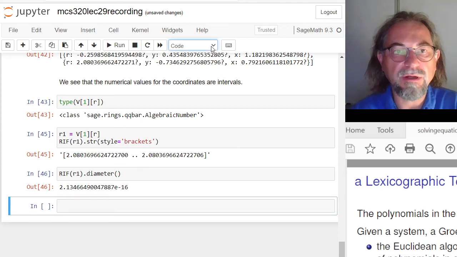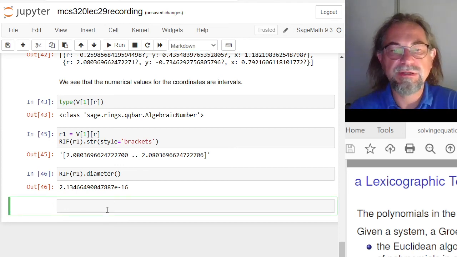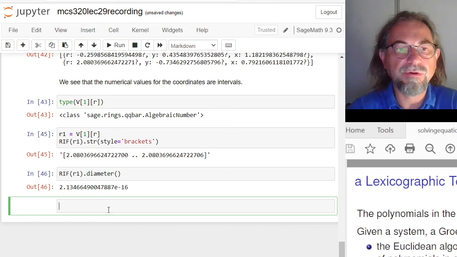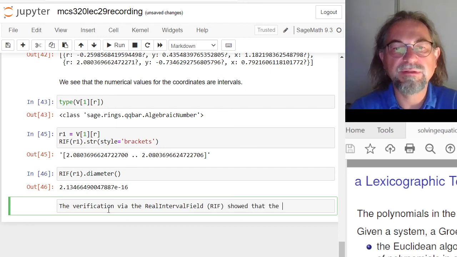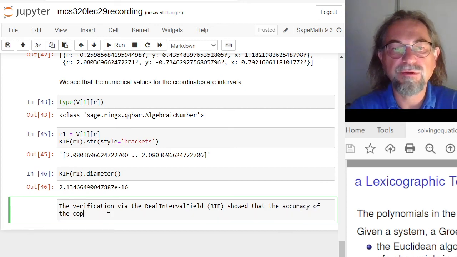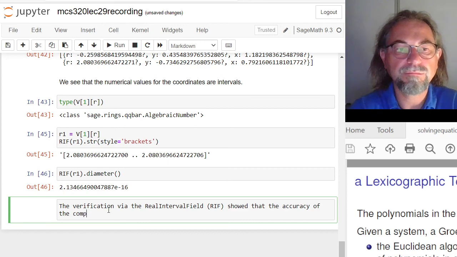You can also do this for the other solution. The verification via the real interval field, asking for the diameter, showed that the accuracy of the computed solution is close to the machine precision.